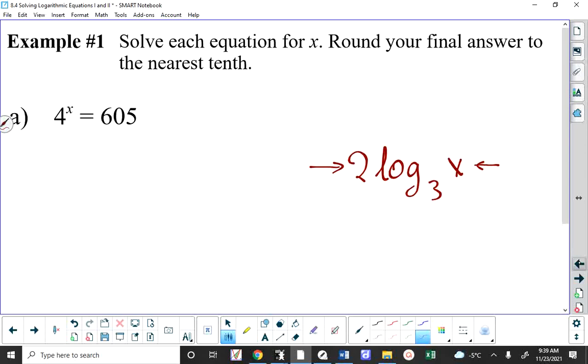I know that 3 is written lower, but the 3 is tied to the logarithm. We don't like exponents. So how do we get rid of exponents? How do we get things on the same main line? Well, let's take the base 10 logarithm of both sides.